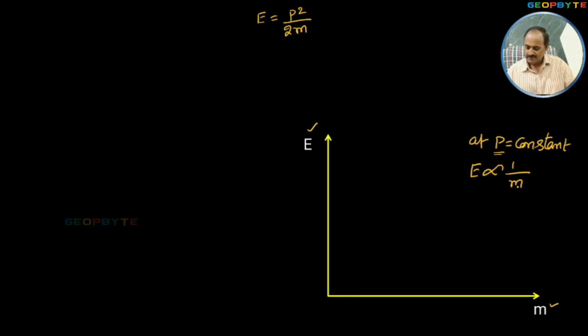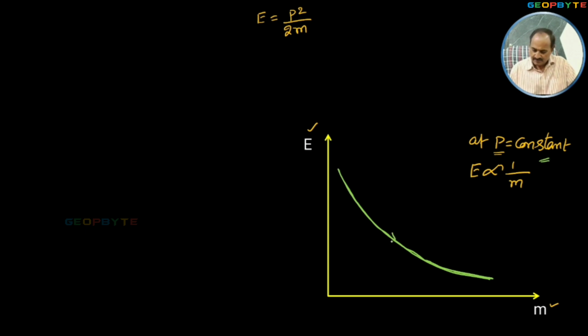Energy is inversely proportional to mass. Then the energy is varying with the mass like this. As the mass increases, kinetic energy of the particle decreases like this. That is how the mass and energy are related at constant linear momentum.